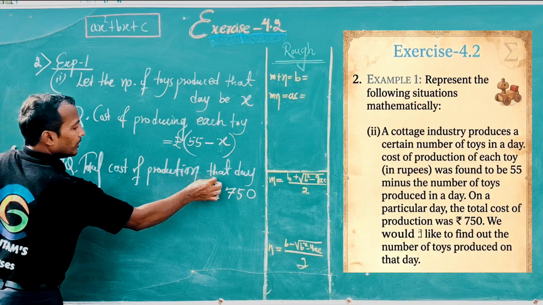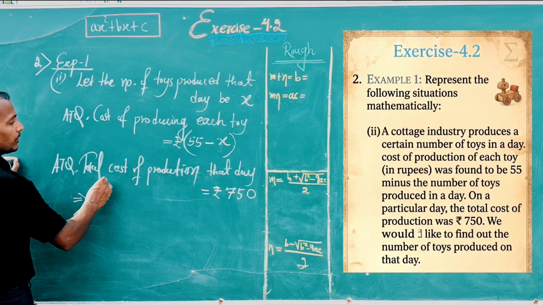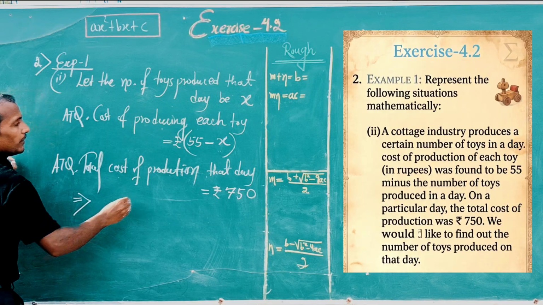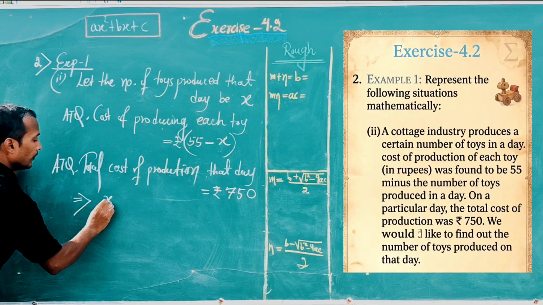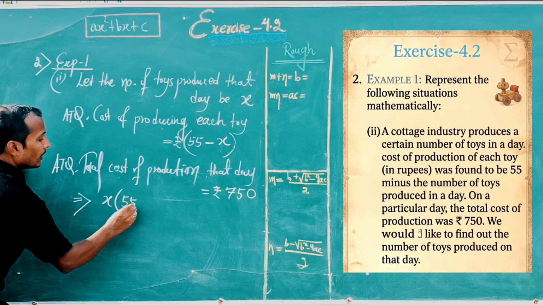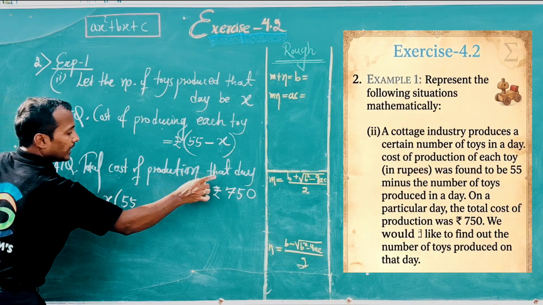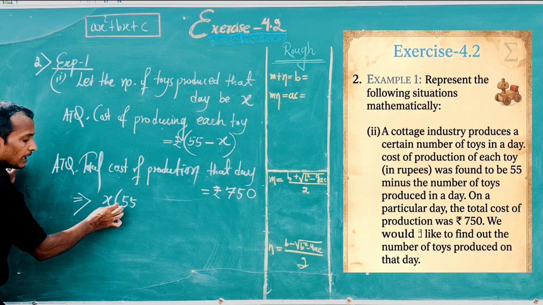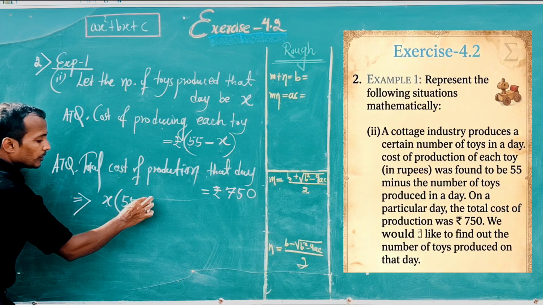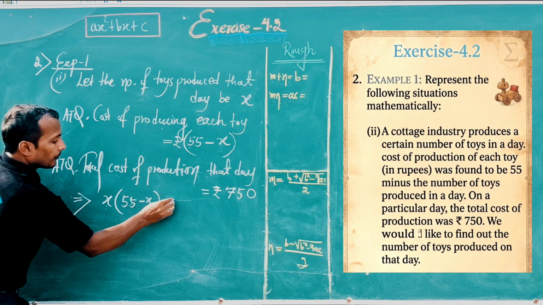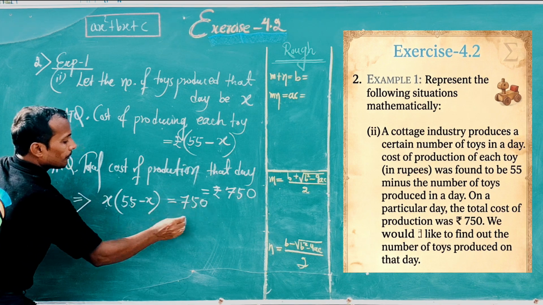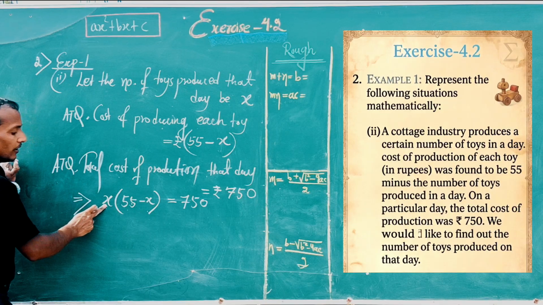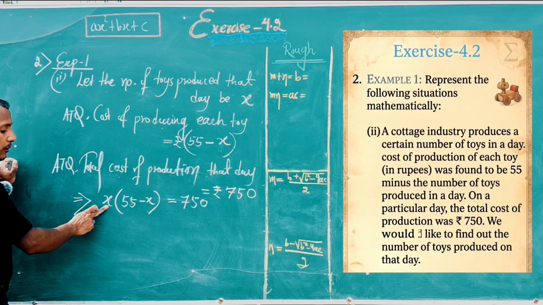Now total cost will be calculated by multiplying cost of producing each toy with total number of produced toys on that day, means X into 55 minus X. On the left side, in place of total cost of production that day, I can write number of toys produced, which is X, multiplied with cost of producing each toy, which is 55 minus X. This will give you 750. 55 minus X represents cost of producing each toy, and this X represents total number of toys produced on that day.